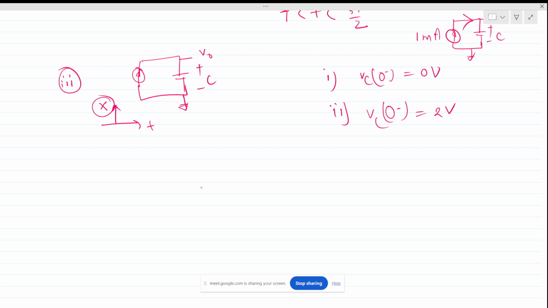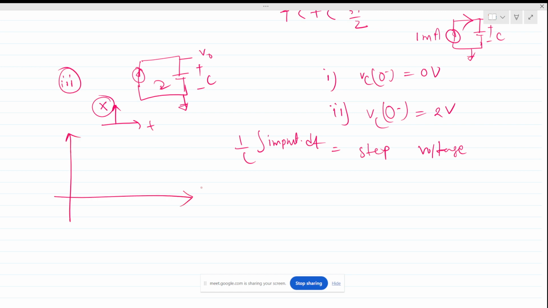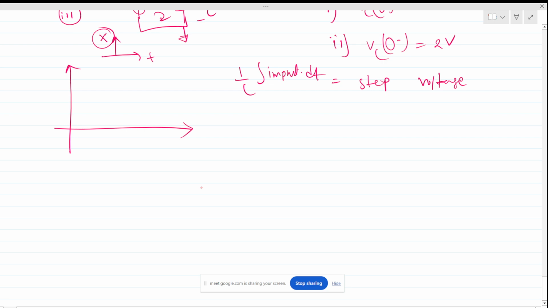We all know the integration of an impulse current is nothing but a step, a step voltage. The infinite current flows through the capacitor, so the capacitor will change the voltage across it instantly.